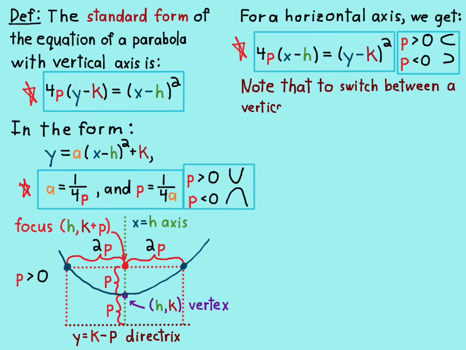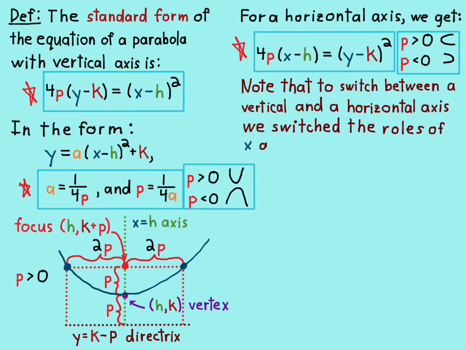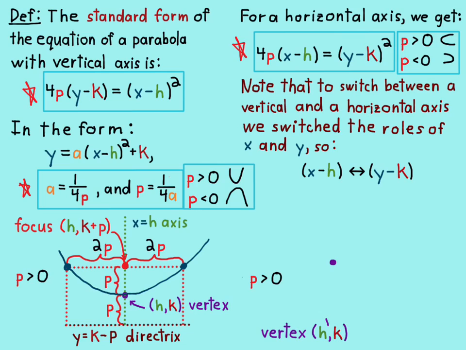So I think I just wrote down the switch that I made here. So we switch the roles of x and y, which includes the x and y coordinates of the vertex with h and k. So this is just for p greater than 0, just as a demonstration. So you have the vertex h, k, which you can read off of the standard form up here.